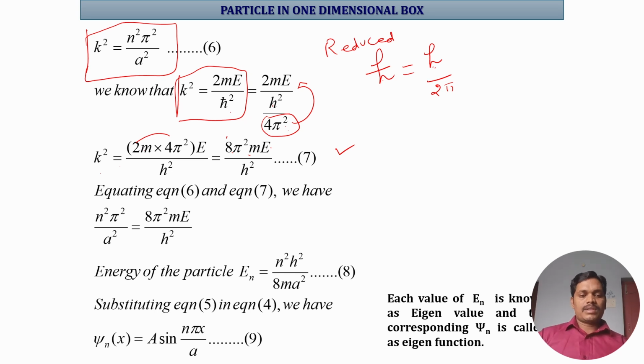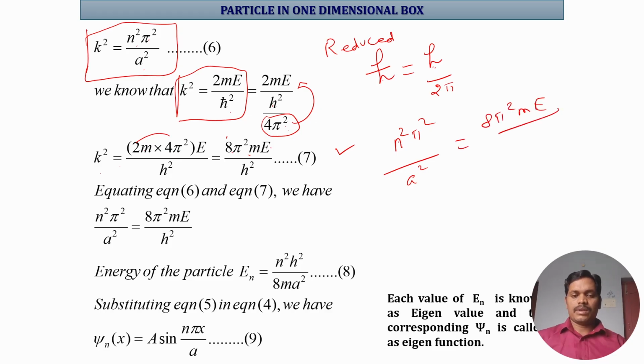So equation 6 is n square pi square by a square. You have to equate these two equations. So equation 6, n square pi square by a square, is equal to 8 pi square mE by h square. You can simplify this. You can cancel pi square here.